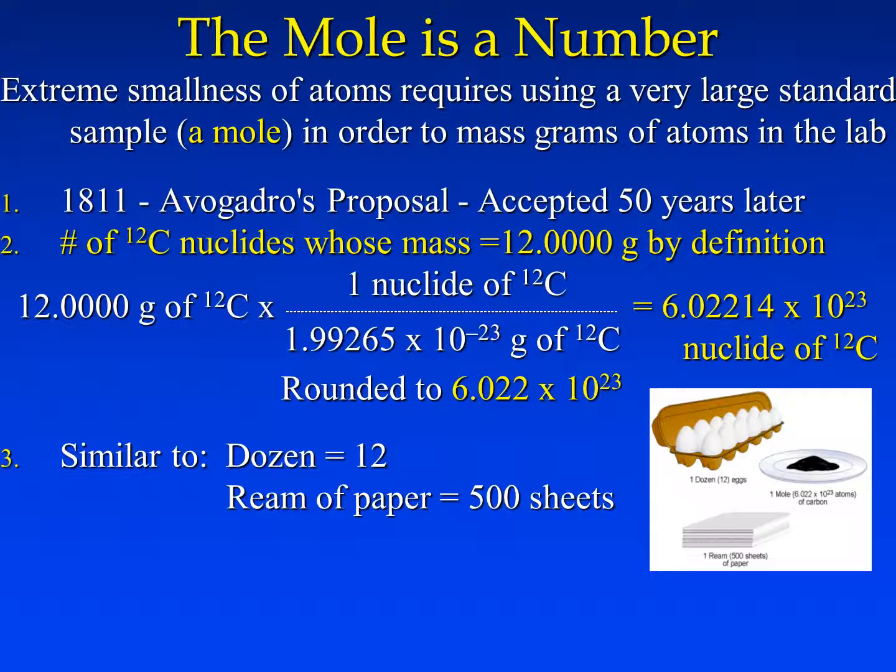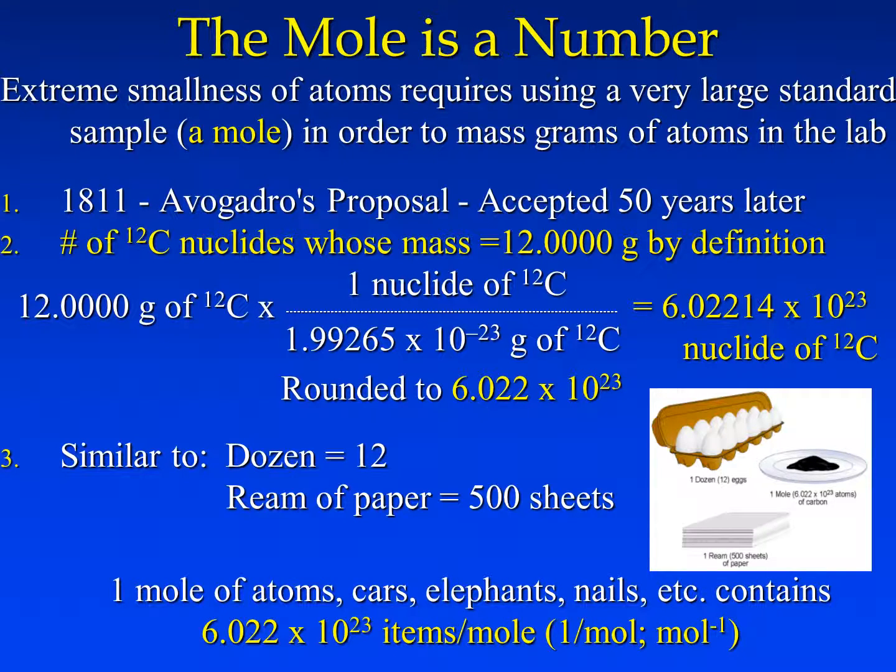A ream of paper represents 500 sheets. So in the same way, a mole of atoms, cars, elephants, whatever, is nothing but 6.022 times 10 to the 23rd items per 1 mole. Also, we could say that the units of Avogadro's number are 1 over mole, or mole inverse.